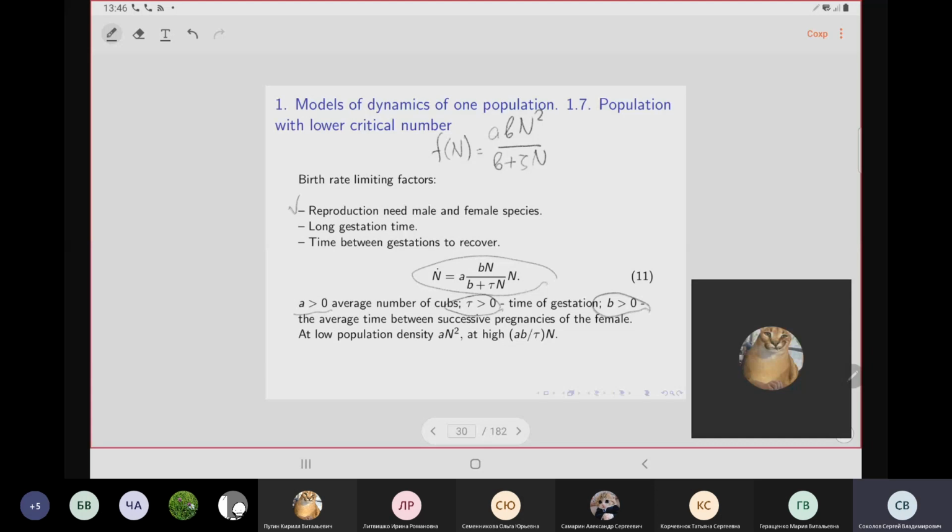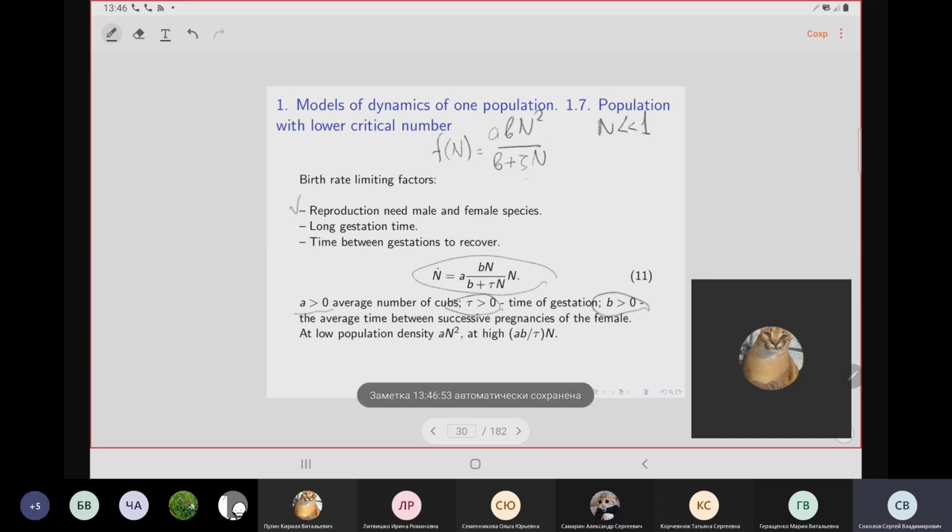Let us consider two situations. The first one, when the population density is small and n is small, and another situation when n is large. We'll see what effects the right-hand side of this equation gives us. What can we see? If n is small, we can conclude that tau n is small compared with b.